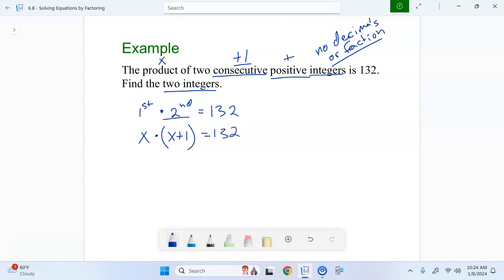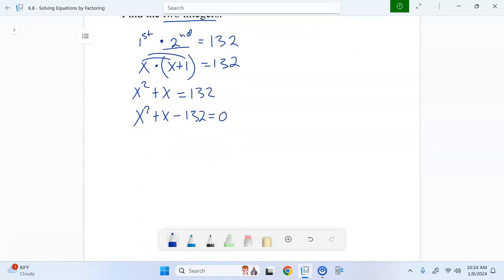Now that we have our equation in one variable, we can go ahead and get it in standard form, which means we'll distribute. And we'll subtract 132. So to factor it, a product of negative 132 with a sum of 1 is going to be 12 and negative 11.